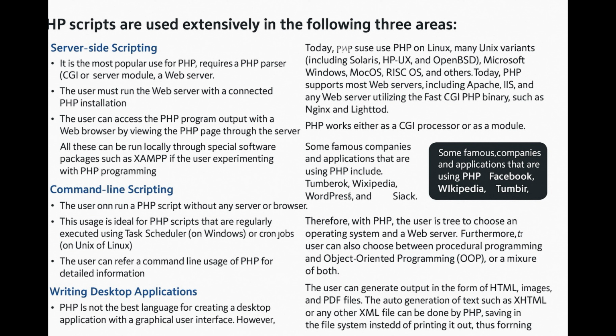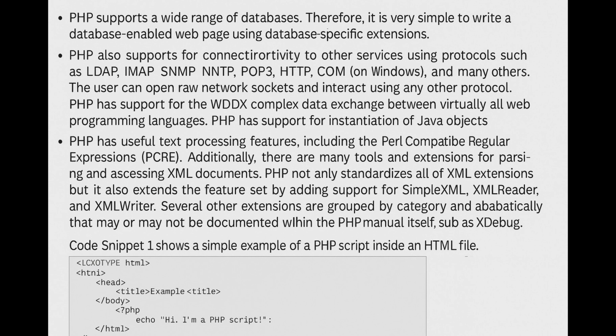Developers can open raw network sockets to exchange data and create custom network-based applications. PHP also supports WDDX, Web Distributed Data Exchange, which enables data exchange between different web programming languages. Moreover, PHP can instantiate and interact with Java objects, increasing its versatility and compatibility with other technologies.